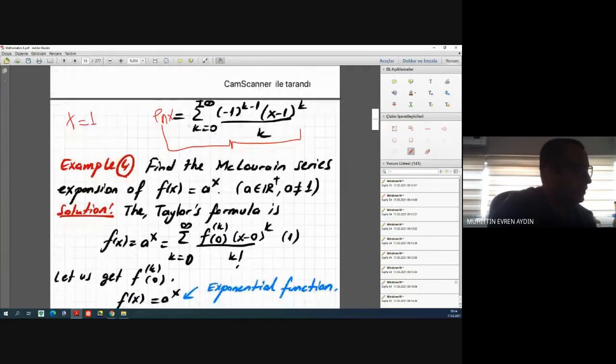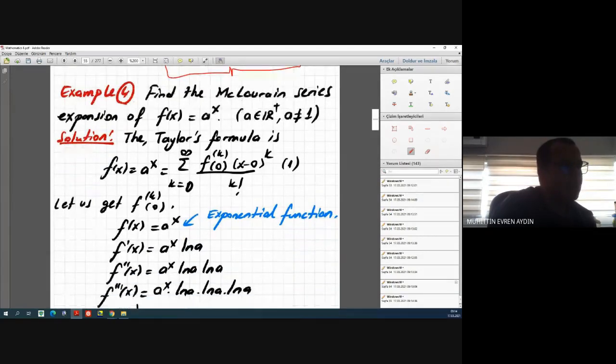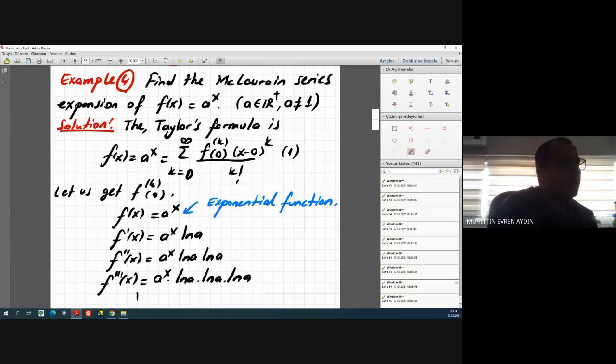So another example. Let's find the Maclaurin series of the function a power x. Because of the Maclaurin series, we have to take a as 0. By the way, a is a positive real number and different than 1.